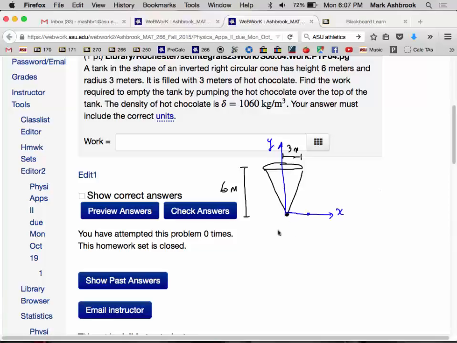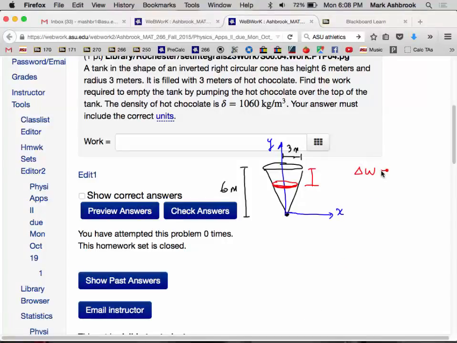All right, so then we've got our typical layer, a typical pancake of chocolate milk, and we've got to get that thing out. So what do we want? We want the little bit of work to move that one layer.